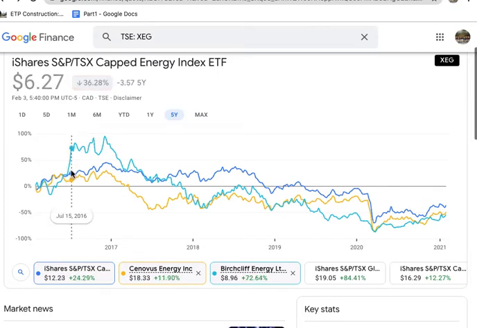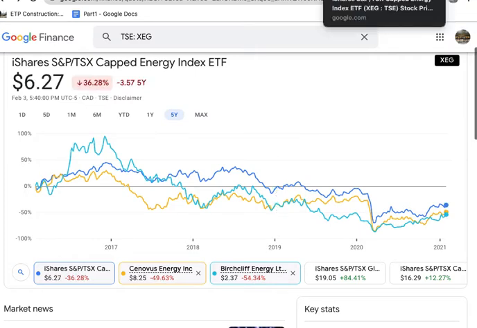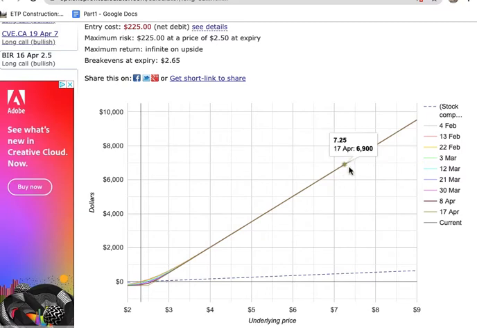Over a short period of time, it can very quickly go to $8, $9, which is an 81% gain from the $5 original share price. Now, that 81% gain on the stock would be a fantastic return. But if you were to buy an option at $2.37 and using the same contracts I purchased, you would be able to achieve upwards of $8,000 in profit.